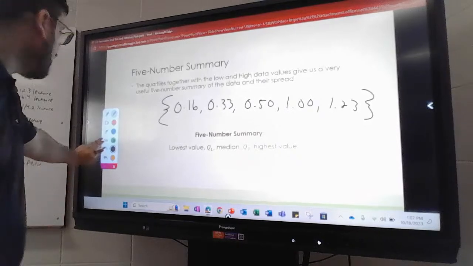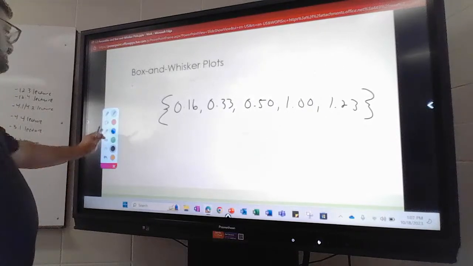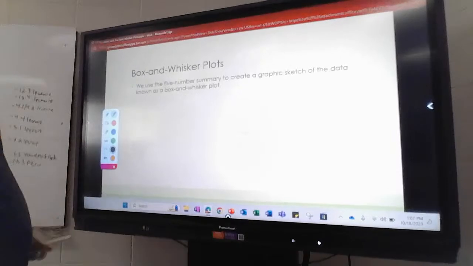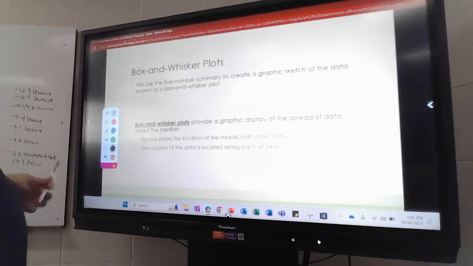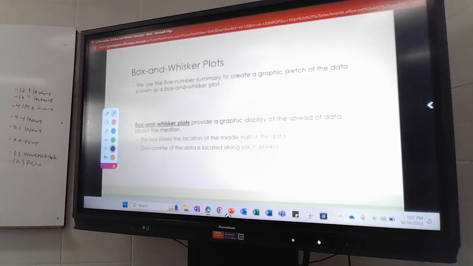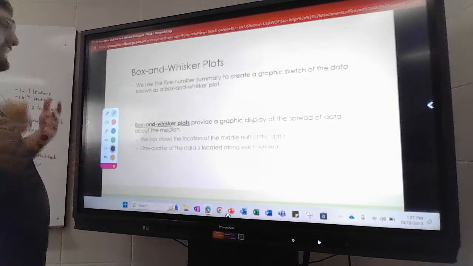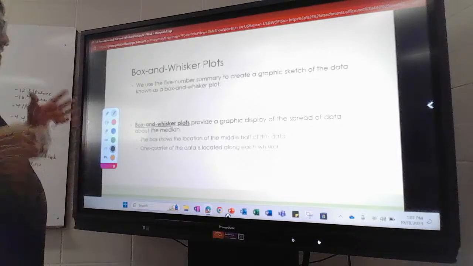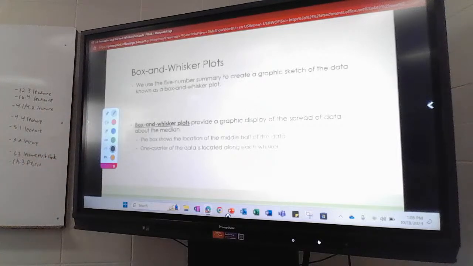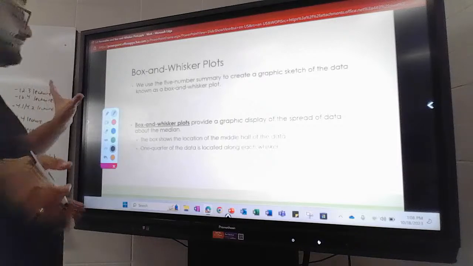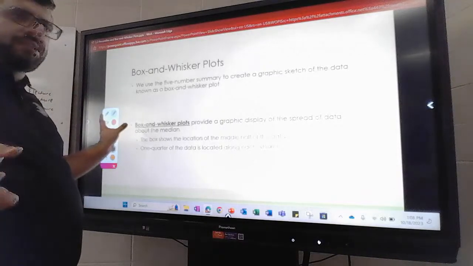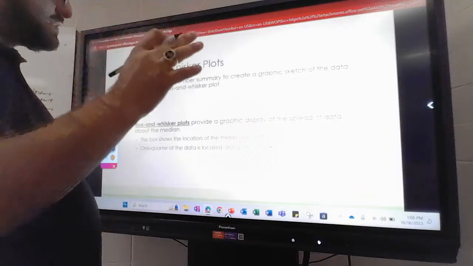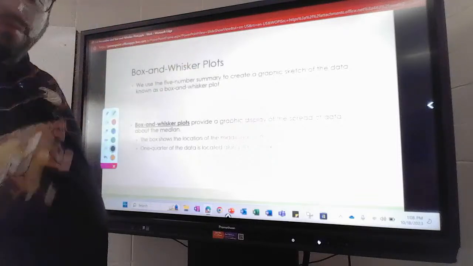Well, we use what's called a box and whisker plot. A box and whisker plot is basically just a graphic display of the spread of data about the median. It's pretty much a visual representation of your 5-number summary. The box shows the middle half of your data, your interquartile range. Then you have one whisker on the bottom 25% of your data, and another whisker on the top 25%.